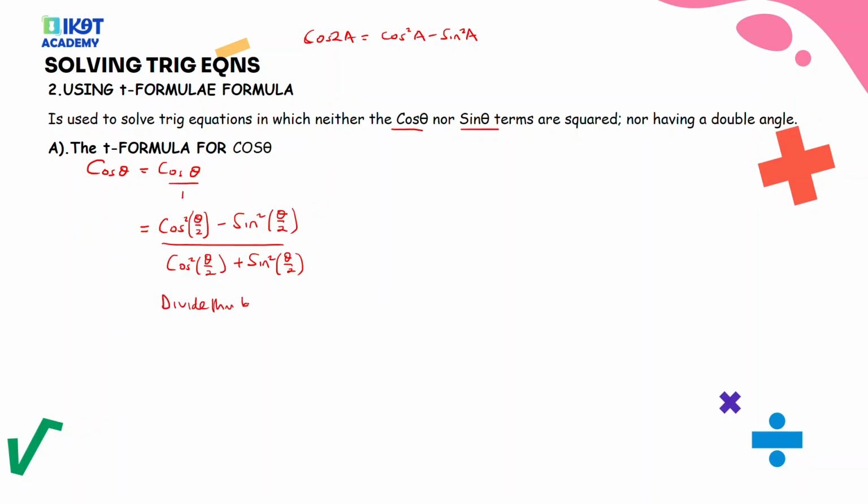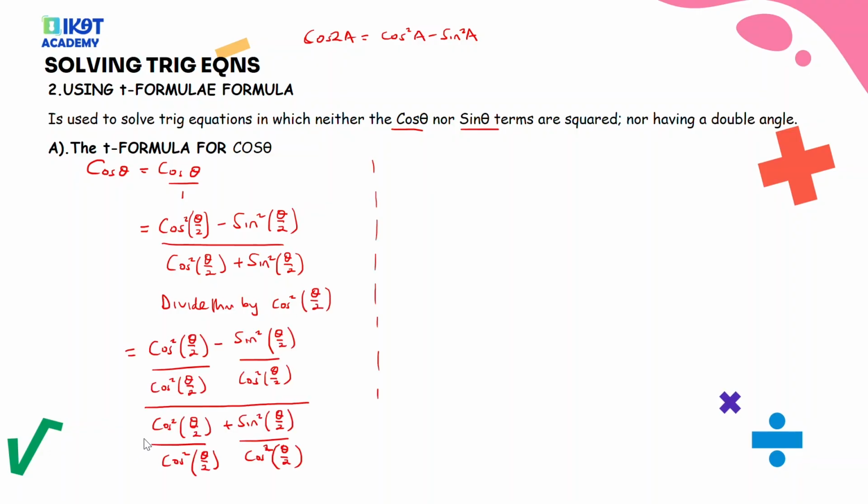Then here we can divide through by cos squared theta out of 2. Now let me do that very fast. After dividing through by cos squared theta out of 2, this is what we get: 1 minus tan squared theta out of 2 out of 1 plus tan squared theta out of 2.